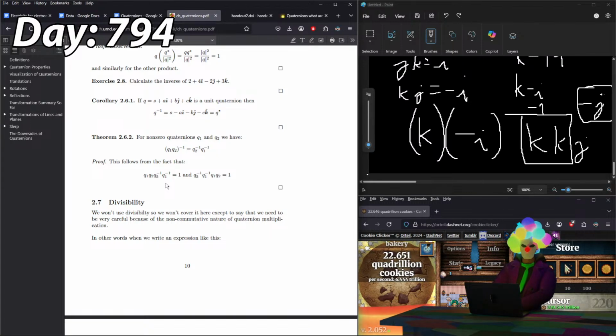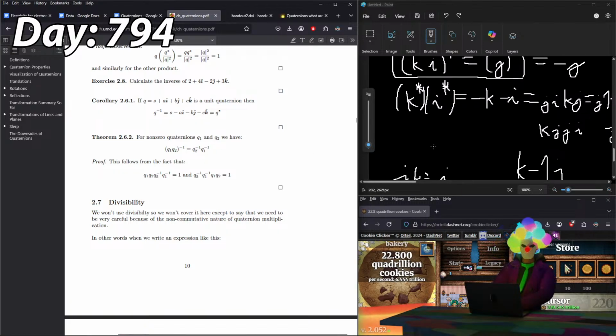Q1 times Q2, inverse times inverse is equal to 1. Okay. And completely flipped around is also equal to 1. But I'm guessing if we flip it in the middle, it will no longer be equal to... Oh, okay. No, this checks out here. Does it? Yes, it does.